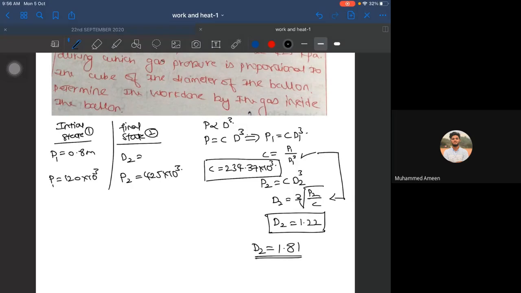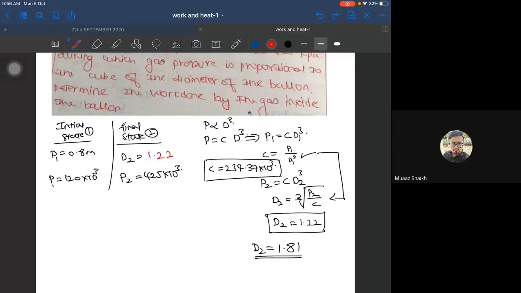How much? 1.218. Okay, 1.218 is again 1.22. I think Sagar's value is more correct. Many people are getting that. Shall I fix on to that? 1.22? Yes, sir, 1.22 is correct.